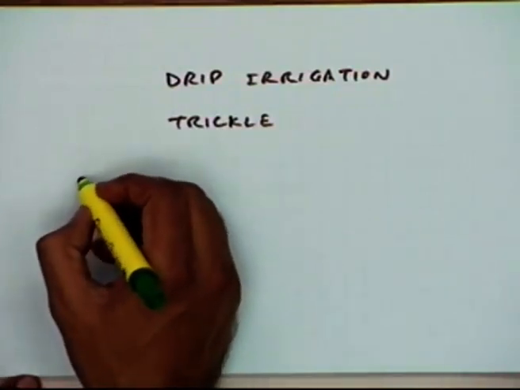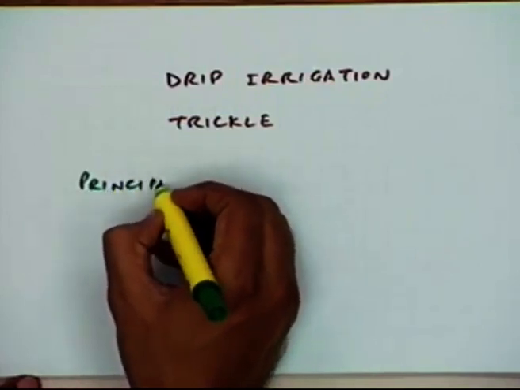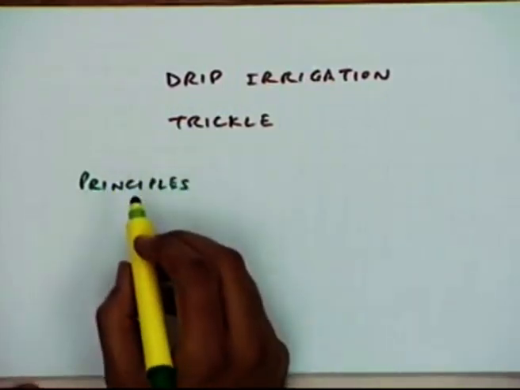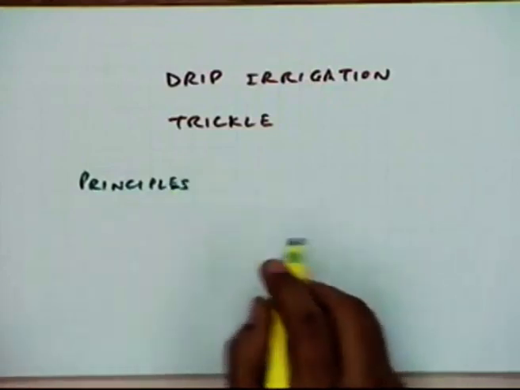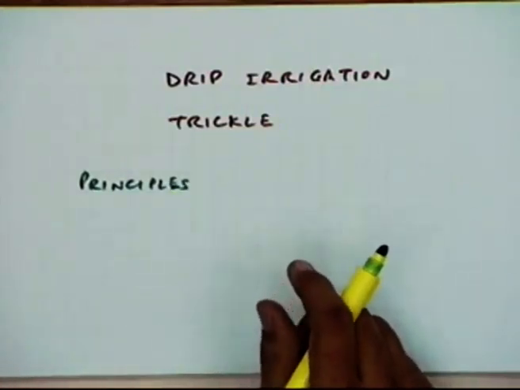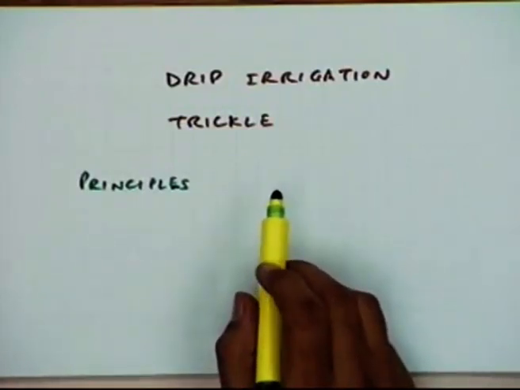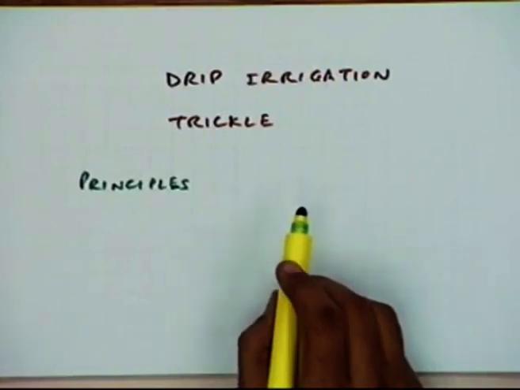The various principles we have discussed earlier, at the time when we were discussing the various methods of irrigation, we had in general discussed various aspects of this particular irrigation.